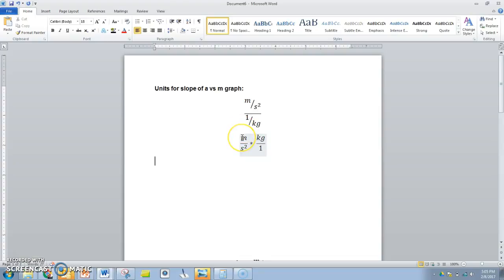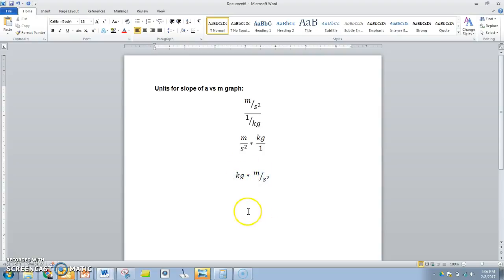All right, and then to deal with fractions, you multiply across the top. So you have meters times kilograms over second squared times 1. When you combine those, it looks kind of like that. You could do meters times kilograms over second squared, or kilograms times meters over second squared. The order of the multiplication doesn't really matter.